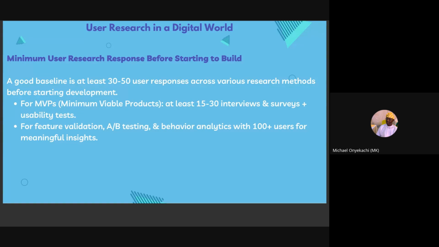But for products that are already in existence, we are saying 100. So does it necessarily mean that we would stick to 100 or 50? I want to be sure.